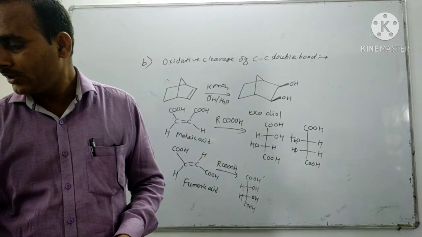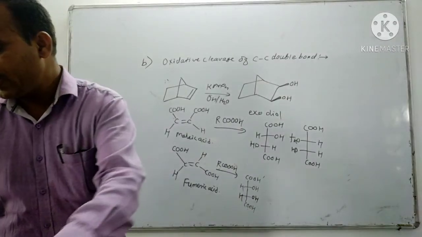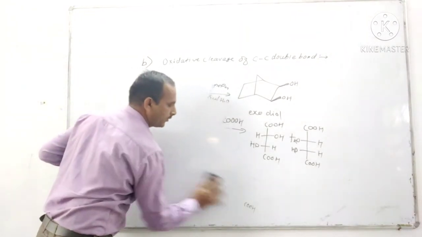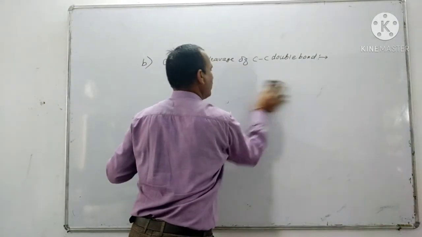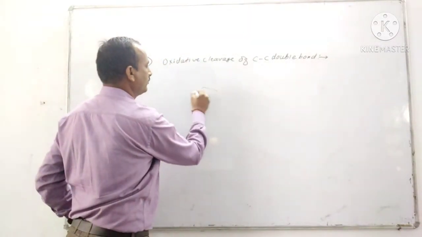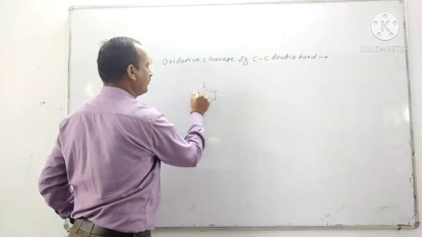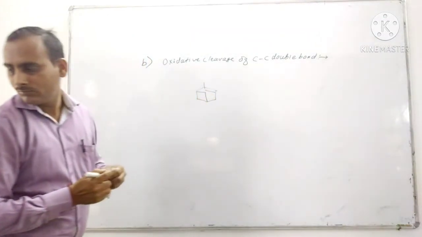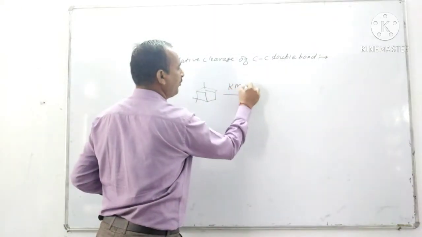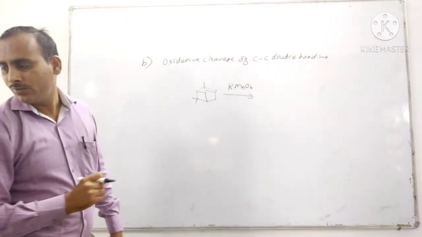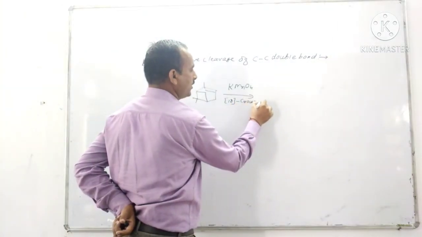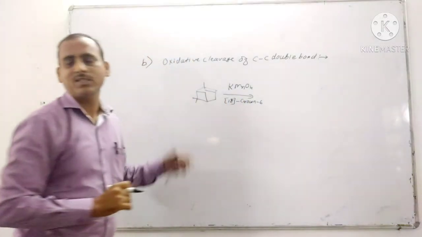So let's see another example of oxidation. KMnO4 in 18-crown-6 ether. Now this is the cyclic ether.